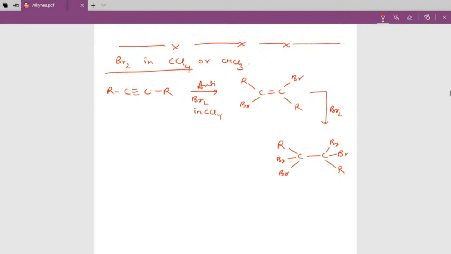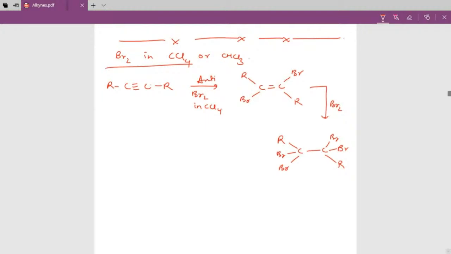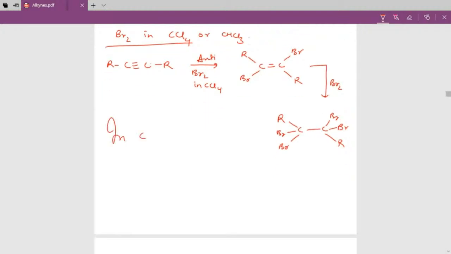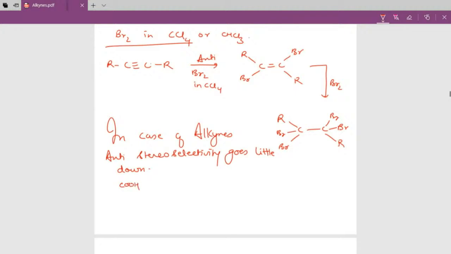But in case of alkynes, the anti stereoselectivity goes a little down. To support my fact, I would like to tell you an experiment.